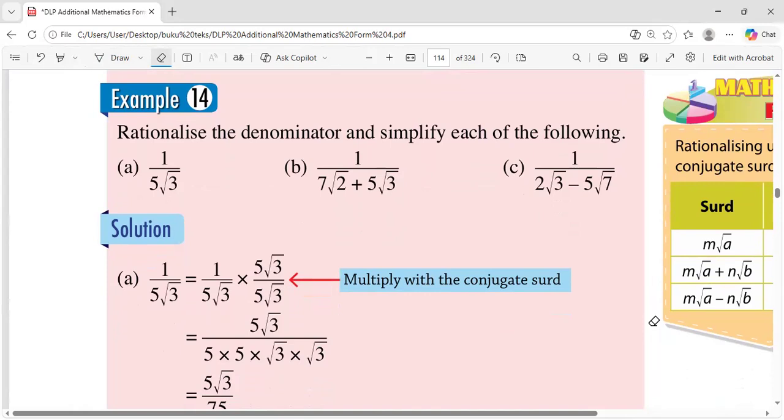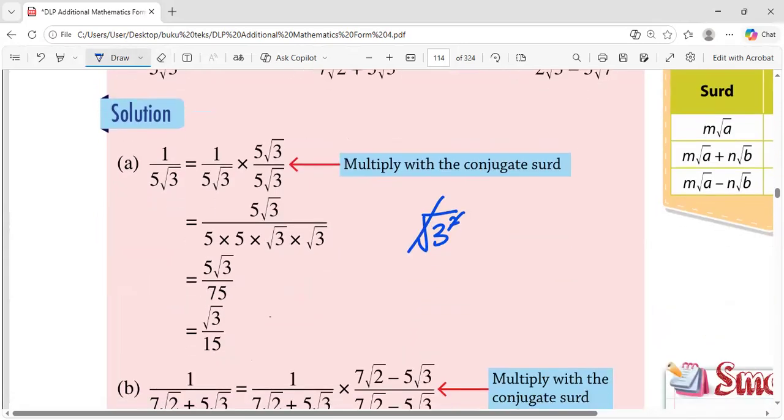So 5 times 5 is 25 times 3. 3 times 3 is 3 square, so it's 3 over here. So I get the answer over 75, and then I divide by 5, divide by 5, I get 15. Finish. So make sure it is a number.